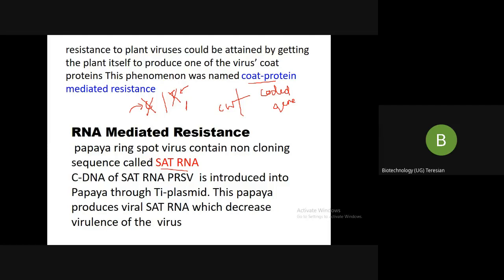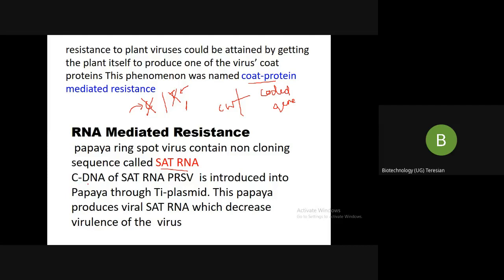So what it means is the papaya ring spot virus has a non-coding sequence which is called sat-RNA. So what the scientists did was, since this is RNA, we wanted a DNA. So how will we get a DNA from the RNA? I told you, use reverse transcriptase. So you'll get a complementary DNA.